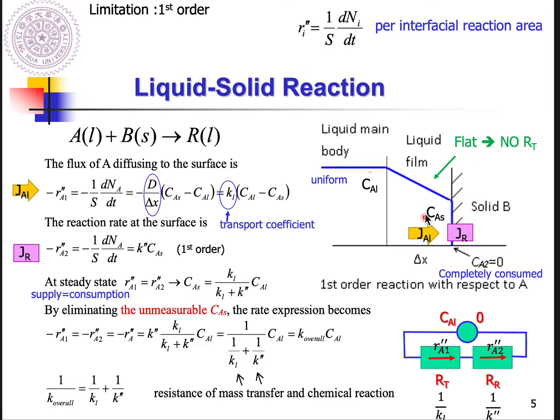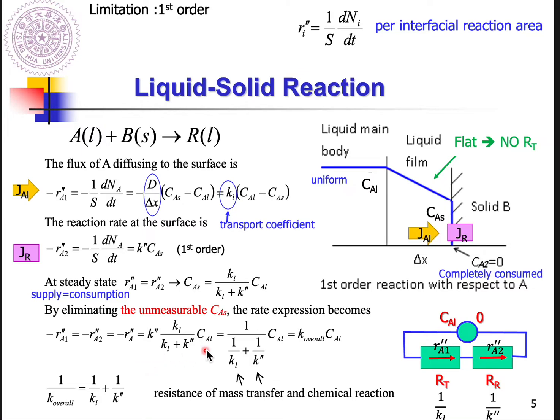It's very difficult to measure CAS. Instead, if we express it with CAL, then CAL is easy to measure. So we substitute CAS with CAL here. By eliminating the unmeasurable CAS, the rate equation becomes this.